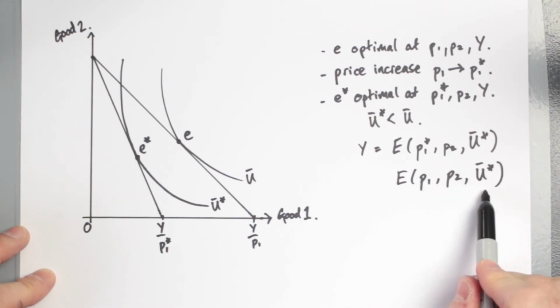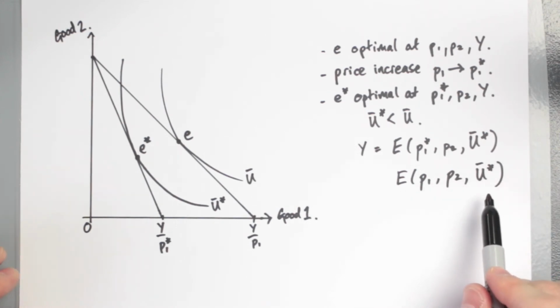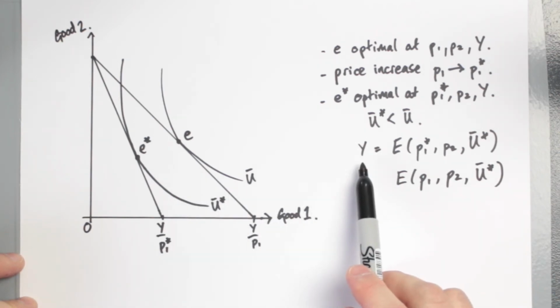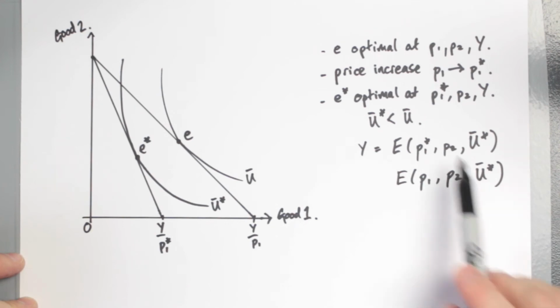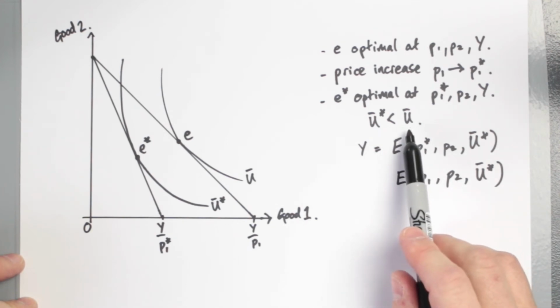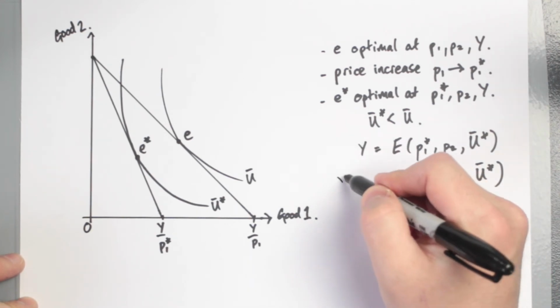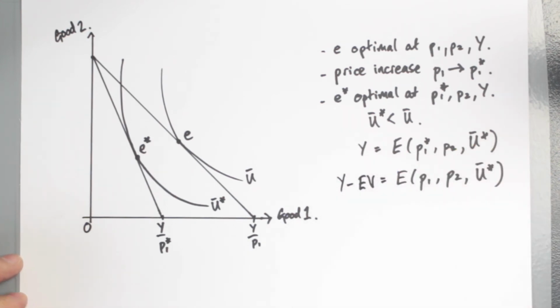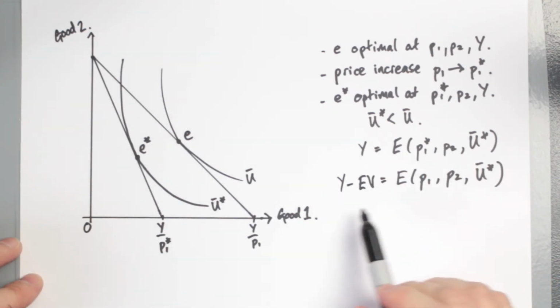Okay, clearly this Y is too much income here because we know that the income Y at these prices can generate a higher level of utility U bar. So this is Y minus something that we call the equivalent variation. Okay, so that's precisely the definition of equivalent variation.